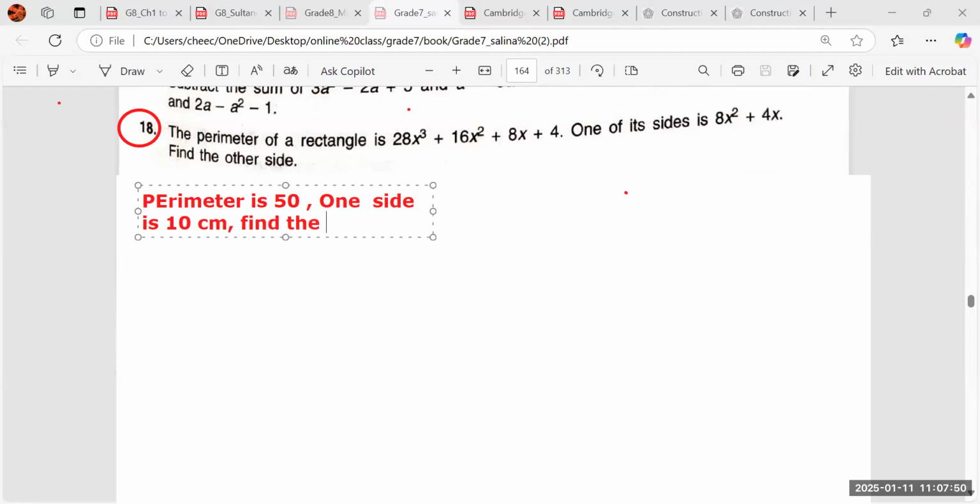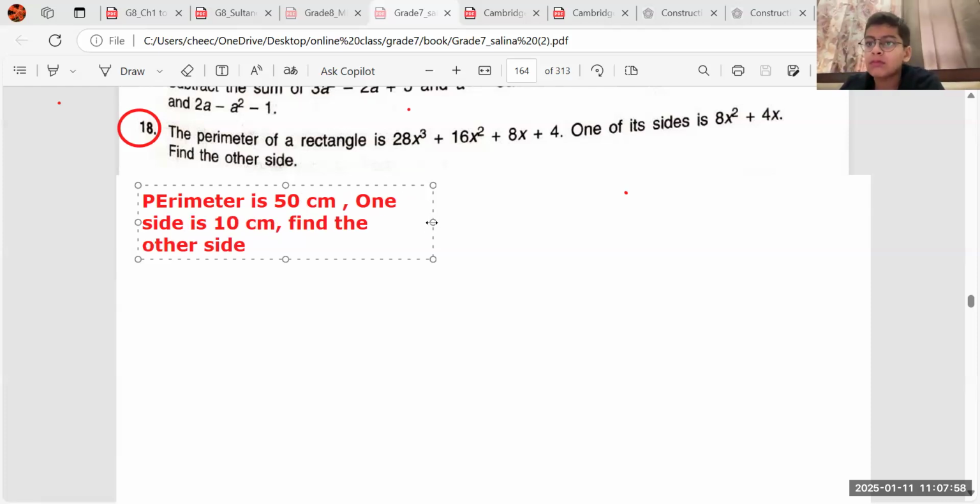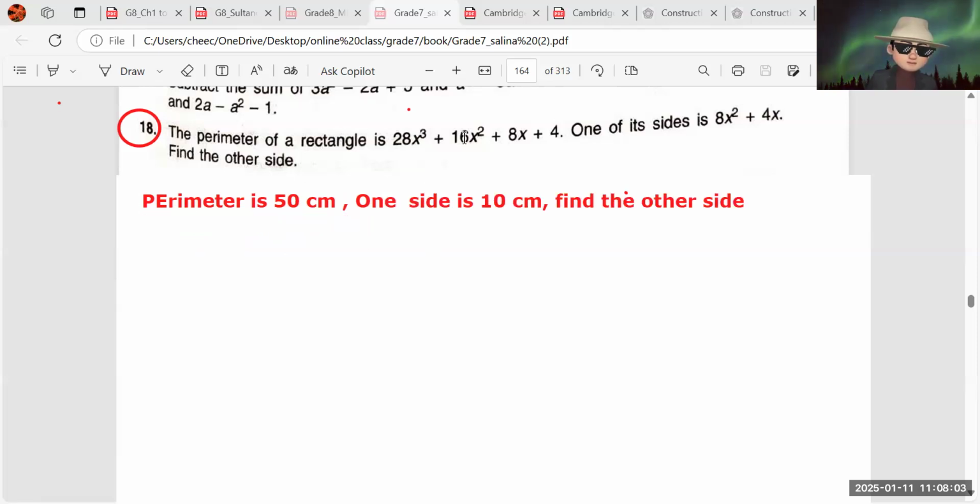How will you do this, Arav? Tell me, Arav. I don't know.